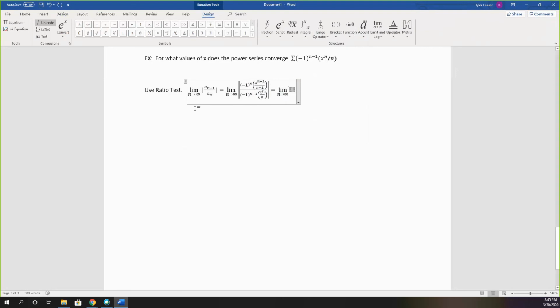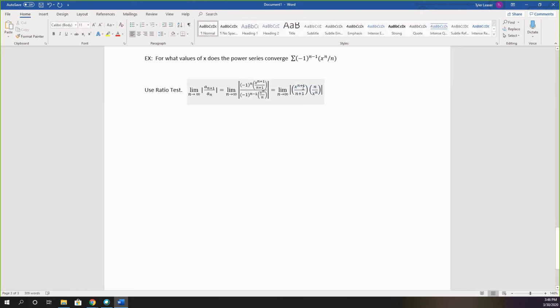I'm going to leave the absolute value because we haven't dropped that yet. We're just dropping the negative 1 from the absolute value. And that's going to be my first fraction here, the x to the n plus 1 divided by n plus 1. That multiplied by the reciprocal of the denominator fraction, n over x to the n.